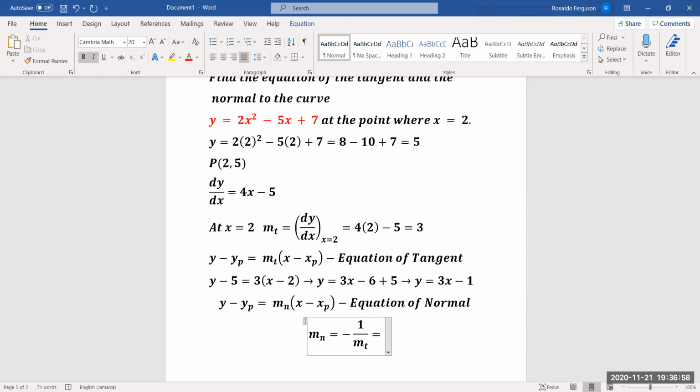So the gradient of the normal in this case is -1 divided by the gradient of the tangent, which is 3. So the gradient of the normal is -1 over 3.